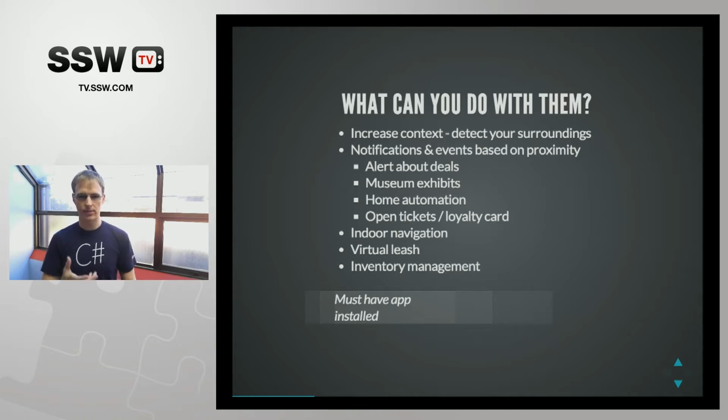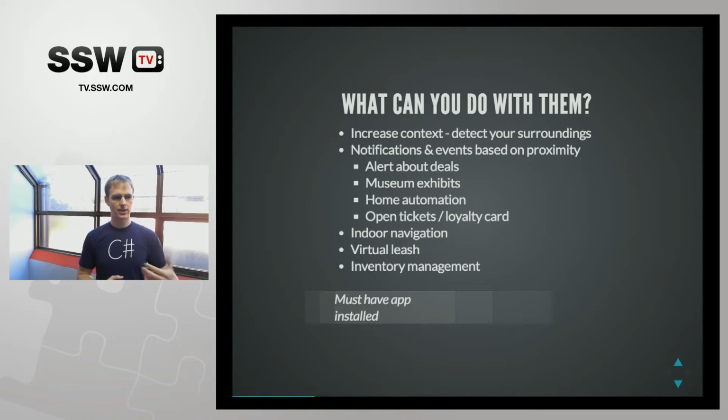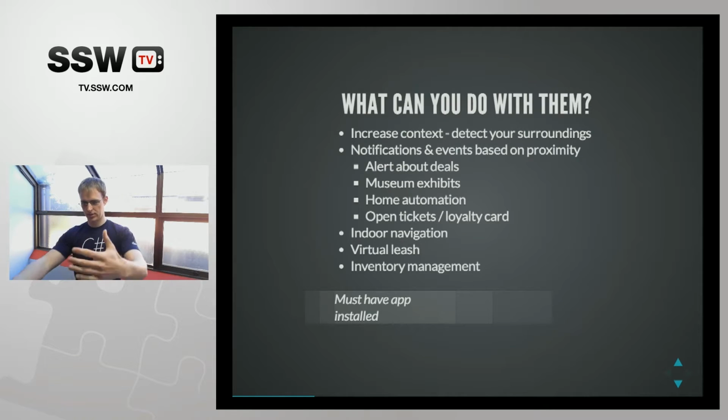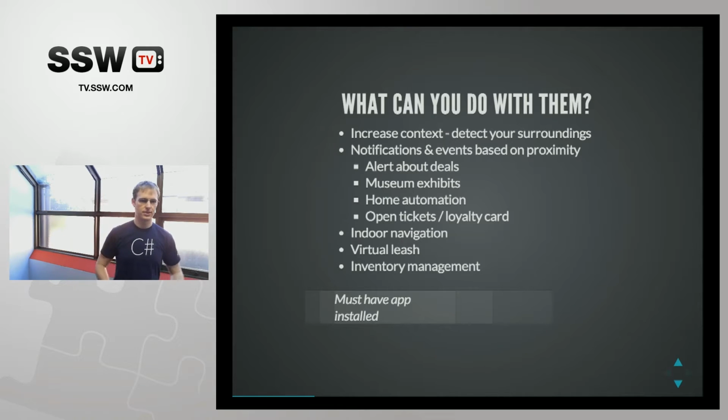So a lot of apps have done things around GPS and that sort of thing, whereas iBeacons let you take it a step further and go where GPS doesn't let you go. Things like indoors where there are no GPS signals, and just a greater degree of accuracy. So I can detect that I'm standing really close to this laptop as opposed to just within sort of 10 meters or so.